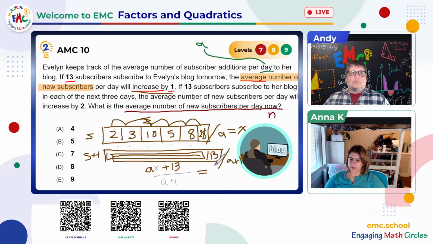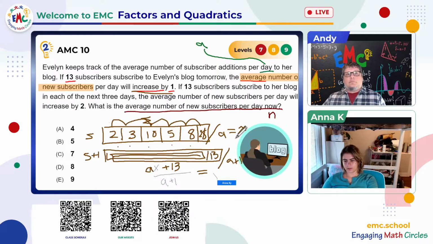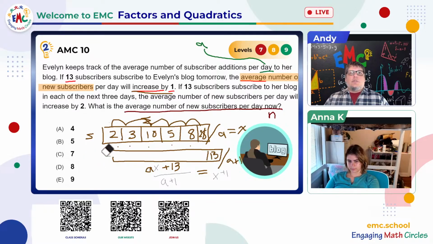We said that this whole thing equals X, so then that's going to equal X plus 1. Awesome. We've got an equation with two variables in it. Now we need another one.